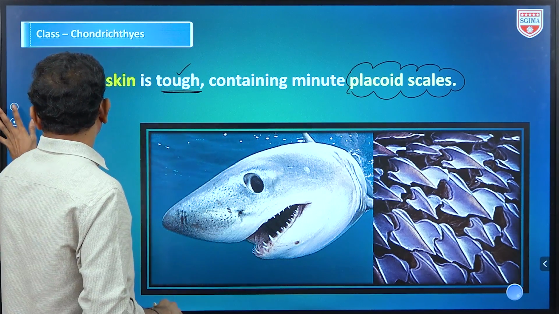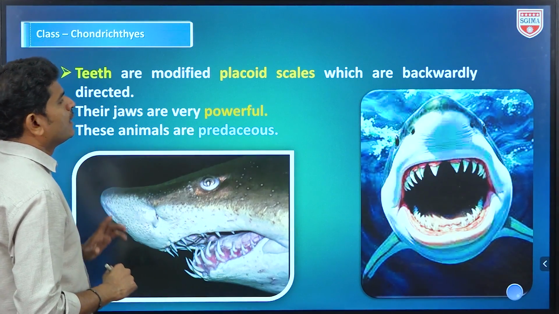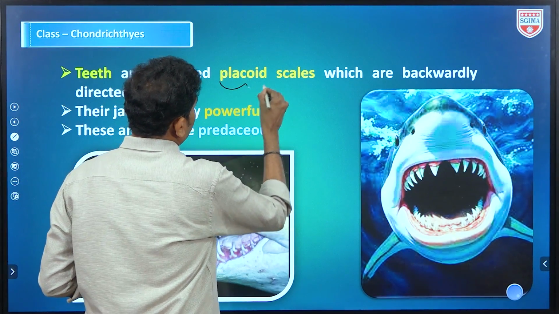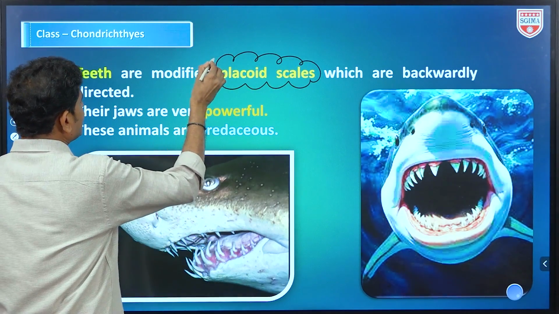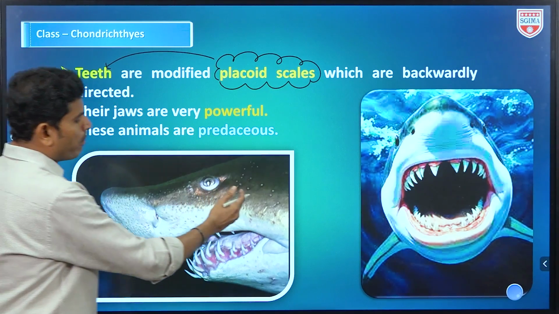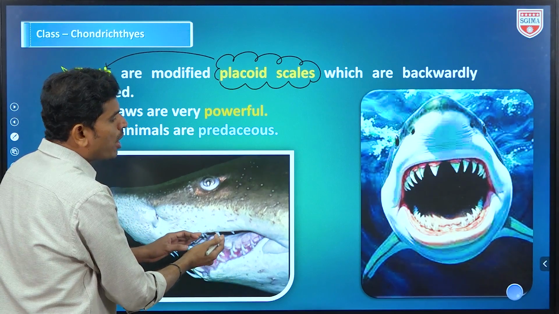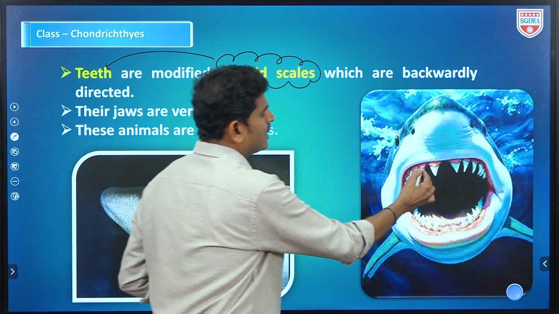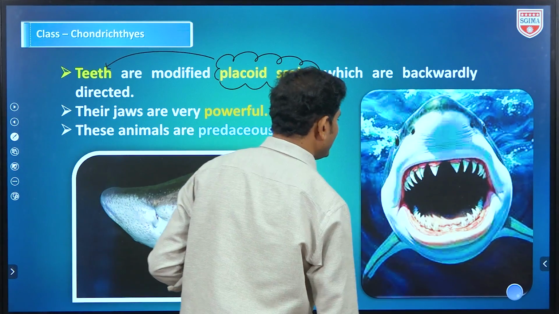Next, these placoid scales जो है ना, these placoid scales are modified as teeth. Body पे ये scales है, when they come on the jaw bones, these are modified as triangular and pointed structures.